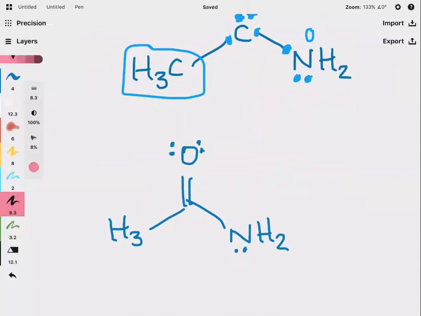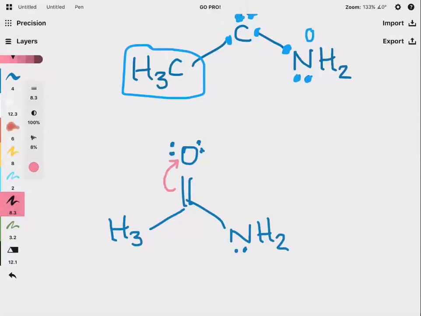So the way you do that here would be to say, I'm seeing a lot of electron density in that carbonyl area, the C double bonded to an O. So let me go ahead and move some of that out of the way. So we'll move some of these electrons out of the way and we'll put them onto that oxygen.